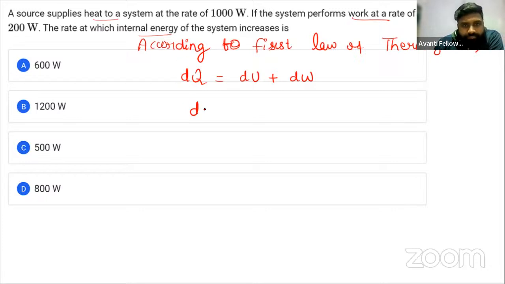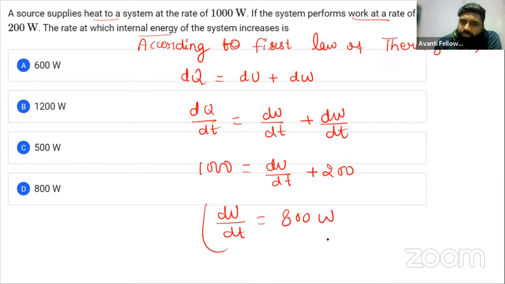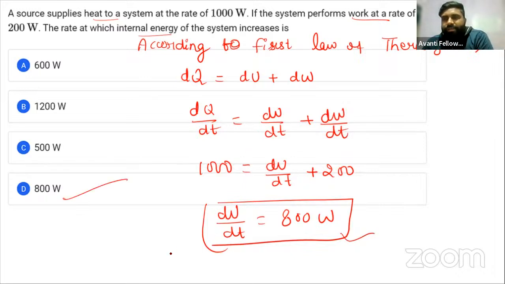So it becomes dQ/dt equals dU/dt plus dW/dt. Now dQ/dt is given as 1000, dU/dt you are interested to find out, and dW/dt is given as 200 watt. So dU/dt is equal to 800. Look how simple this question is. 800 watt is the correct answer.